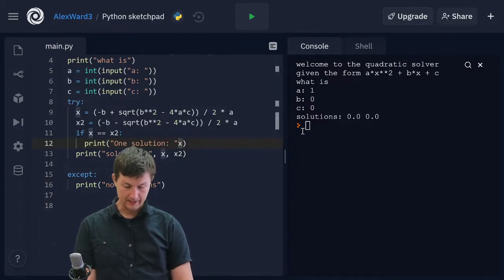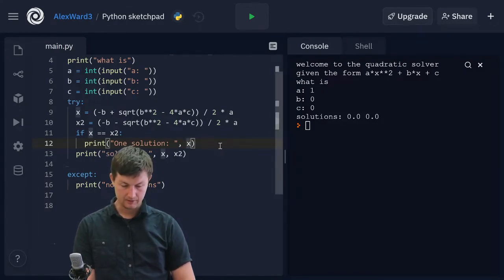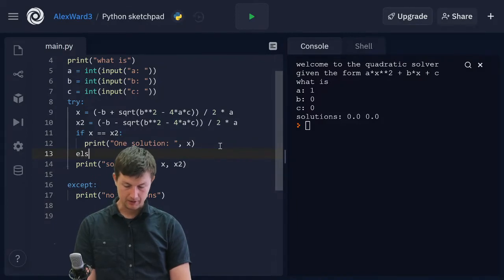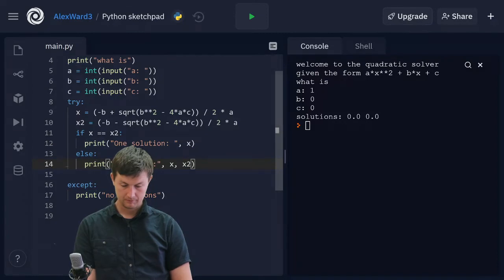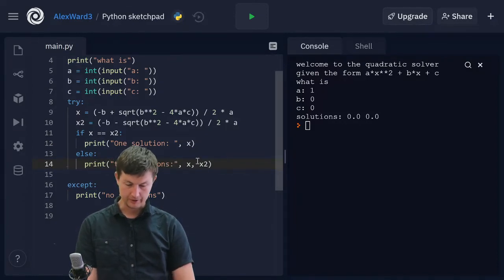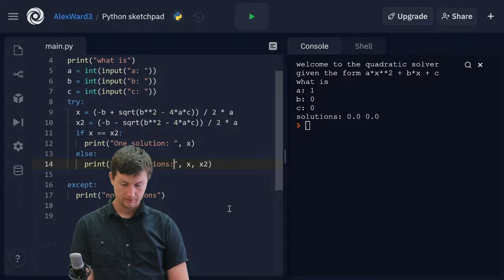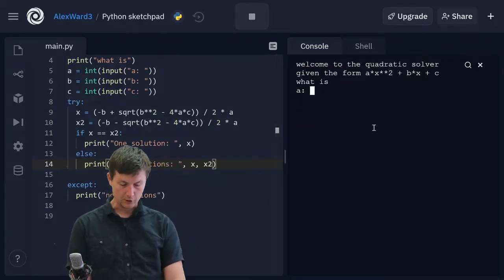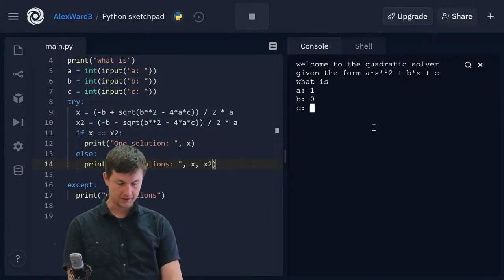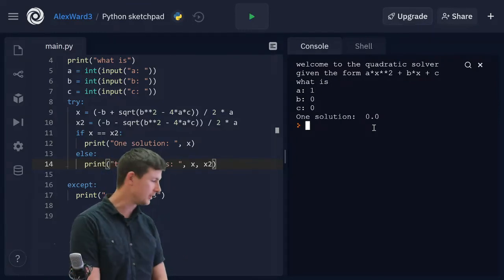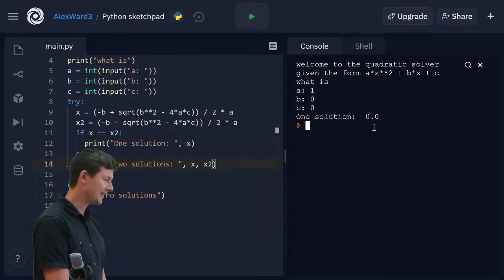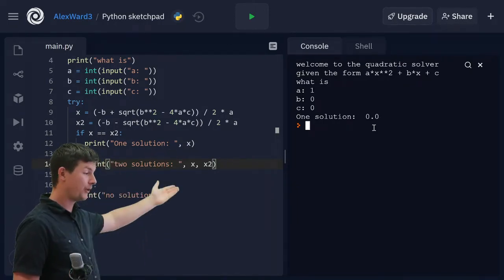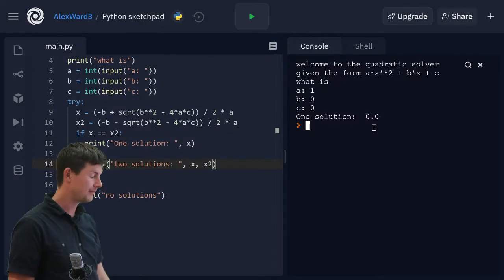And then we're going to print x. And here, we're going to have a little else statement. "Two solutions." X and x2. A is going to be 1, B is going to be 0, C is going to be 0. One solution where x is 0. That's working. We now have a quadratic solver.